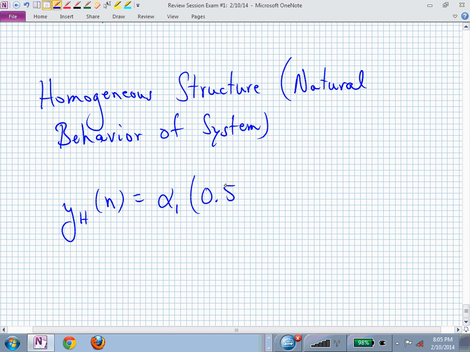This is now some linear multiple of one mode plus a linear multiple of the other mode. And let's just say that we were looking after n equals 0. We have to kick it sometime. Let's just agree that we kicked it at 0. That's the homogeneous structure or the natural behavior.